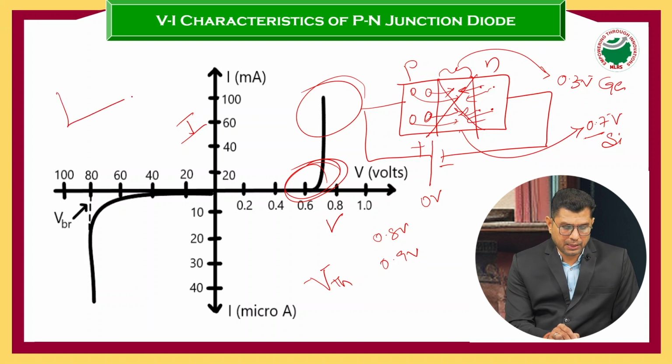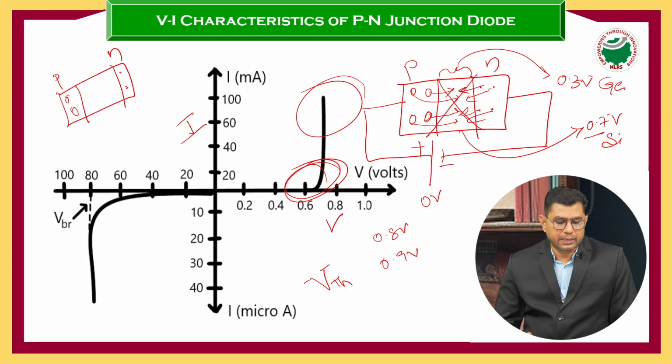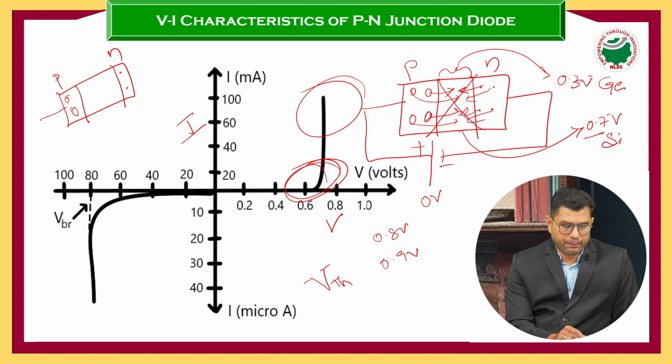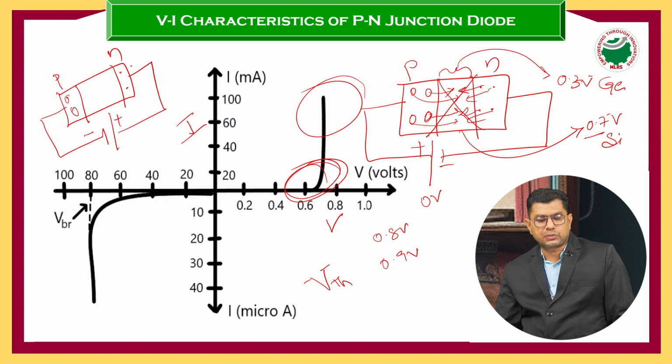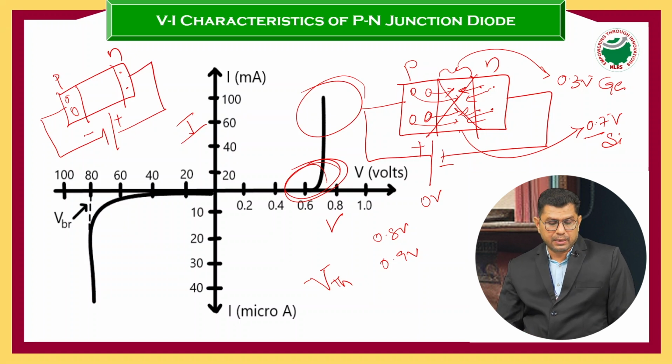So, what is the meaning of reverse bias? Let this be a P-type semiconductor and this an N-type semiconductor. In P-type semiconductor, majority charge carriers are holes. In N-type, majority charge carriers are electrons. When the P side is connected to the negative terminal of the battery and the N side is connected to the positive terminal of the battery, then the diode is said to be reverse biased.